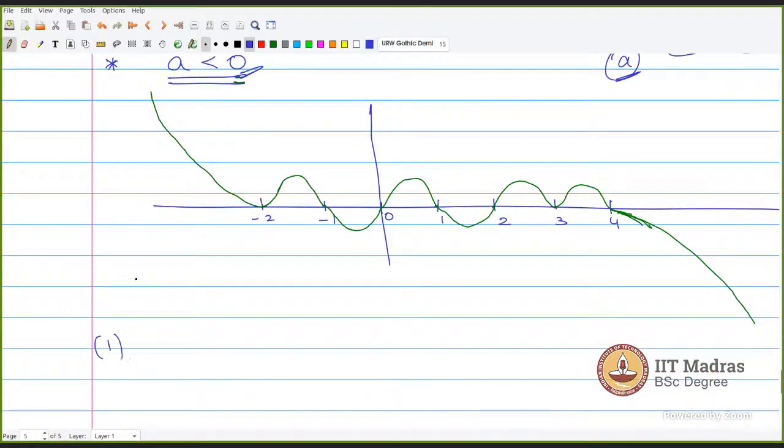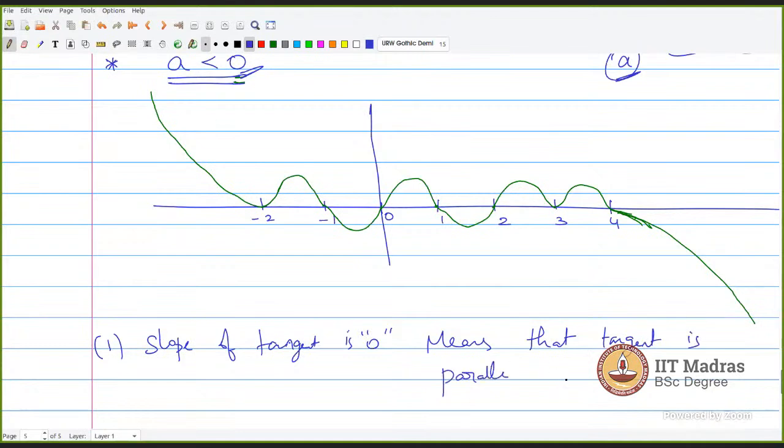Once you got this graph, the slope of some tangent being 0 means that the tangent is parallel to the x-axis, right?